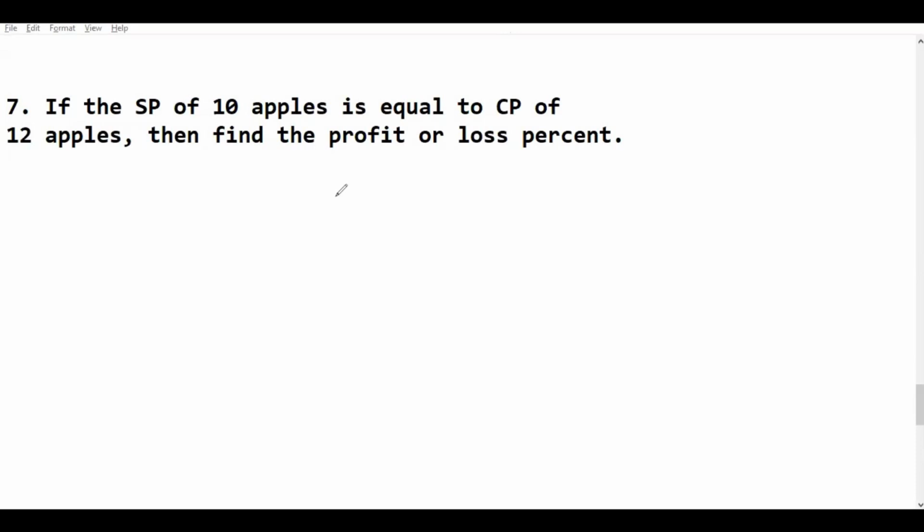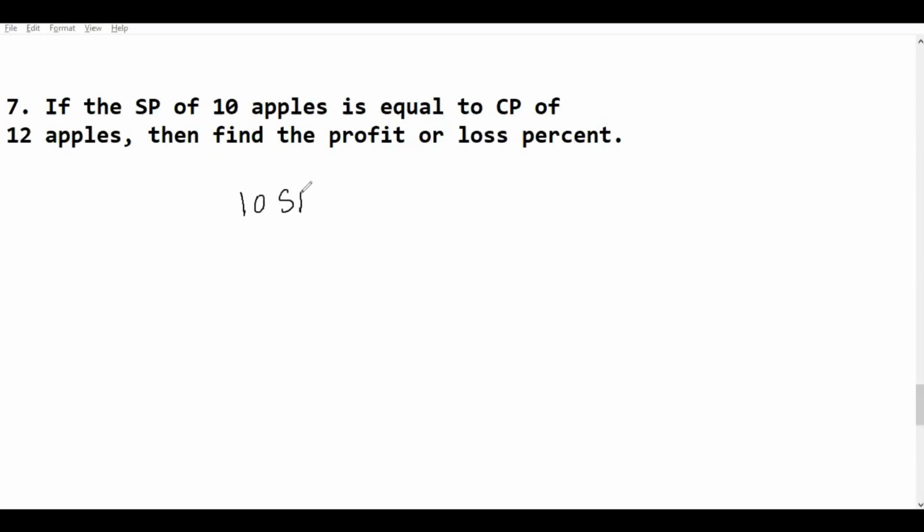Look here, forget about the apples and understand the situation. We'll first do it in a traditional way, then together we'll do it in a good way of solving.